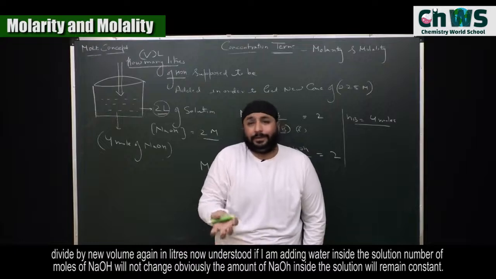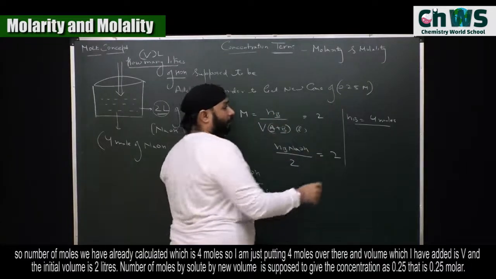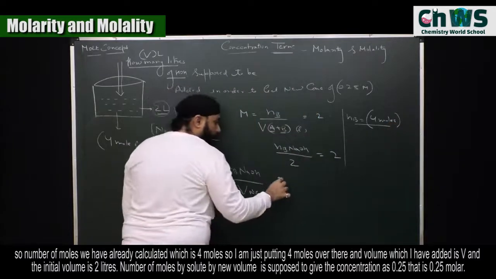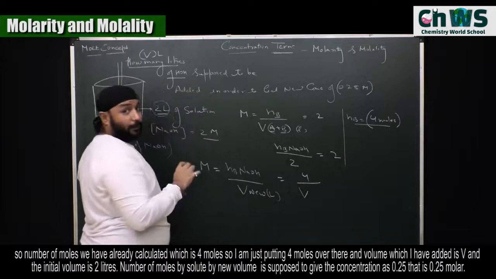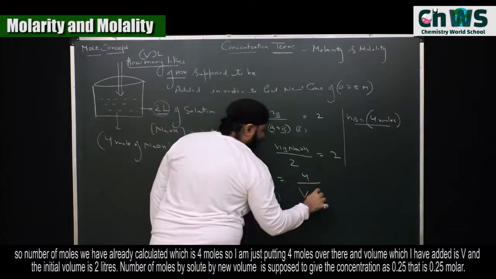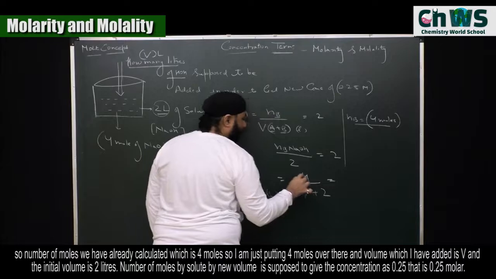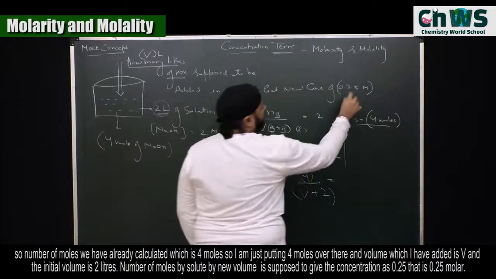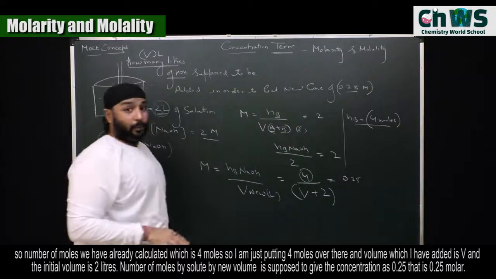Obviously the amount of NaOH in the solution will remain constant. So number of moles we have already calculated, that is 4 moles. So I am just putting 4 moles over there. The volume which I have added is V, and the initial volume was 2 liters, and number of moles of solute divided by new volume is supposed to give the concentration as 0.25 molar.